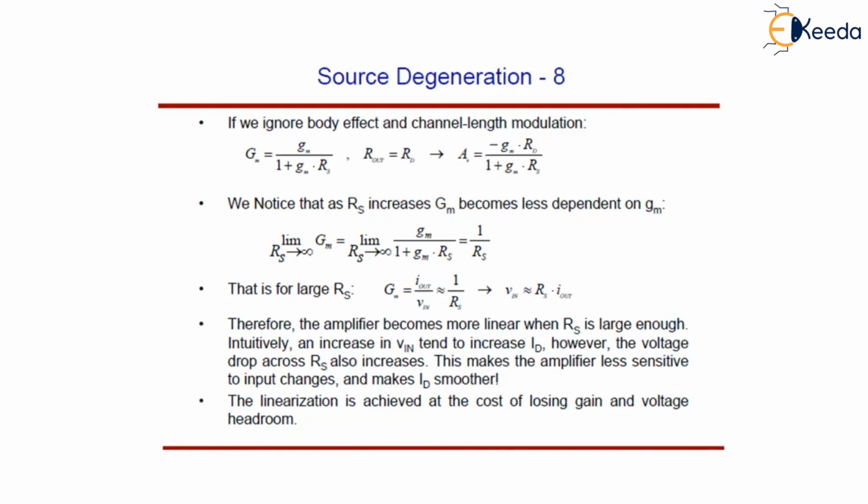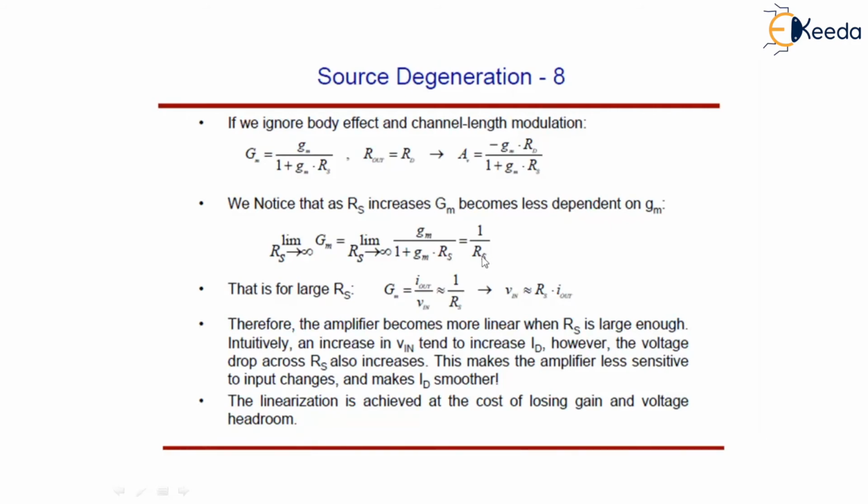have noticed that if we increase the source resistance, then the equivalent transconductance of the circuit becomes very less dependent upon the transconductance of the transistor or the amplifier. As I can show you over here, if I increase this up to infinity, the equivalent transconductance will become 1 upon Rs.